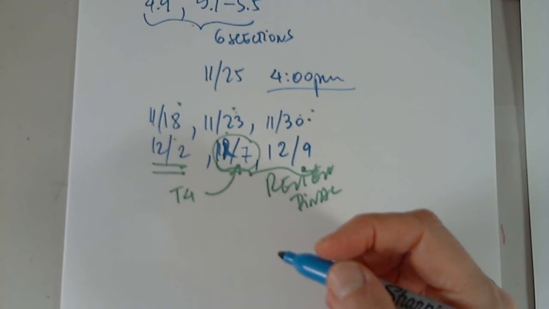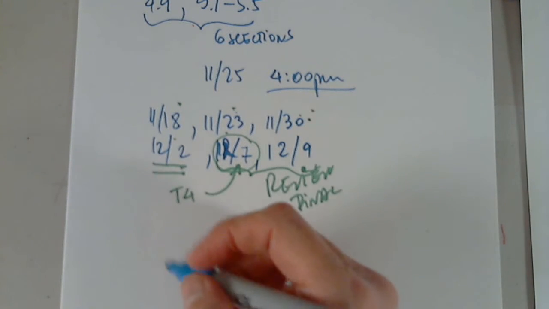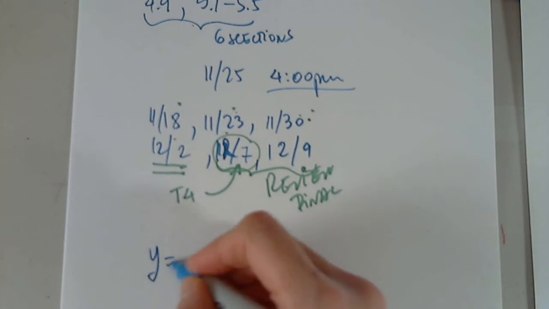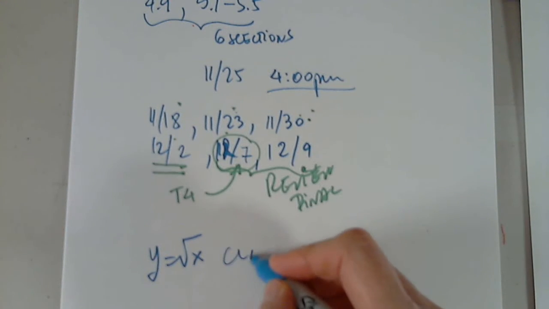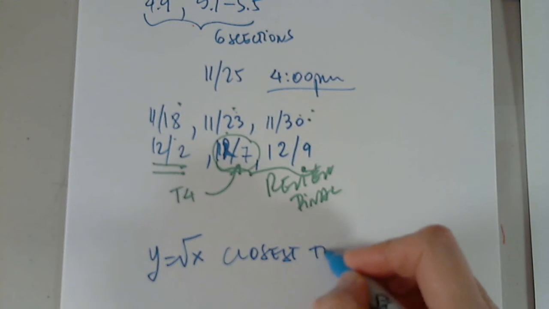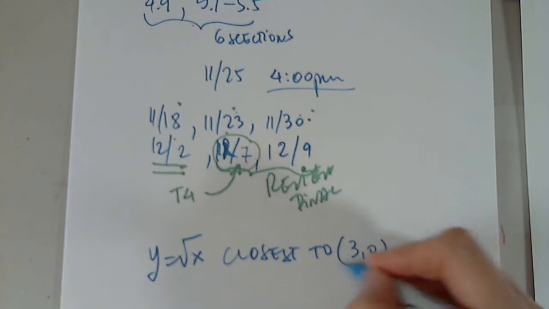We have, it says, find the point on the curve that is the closest to (3, 0).